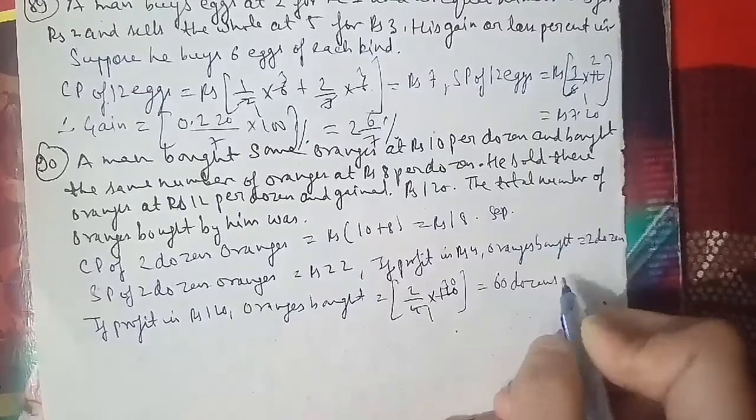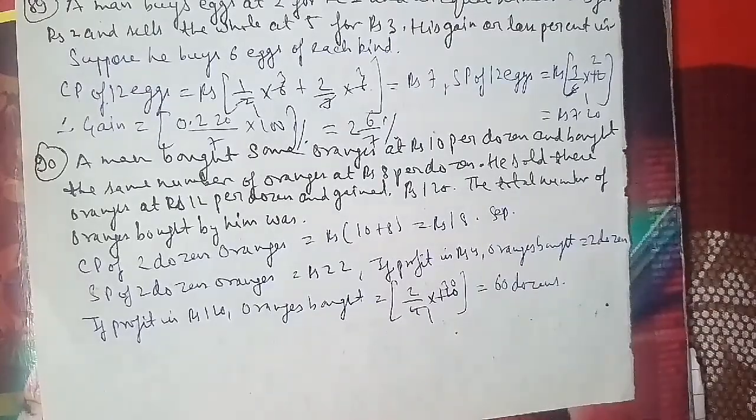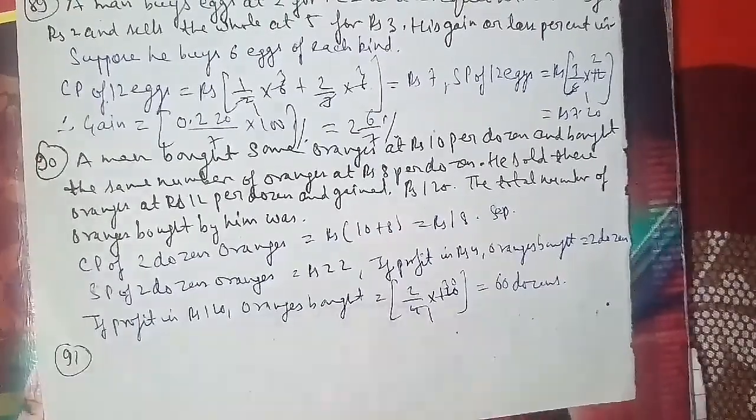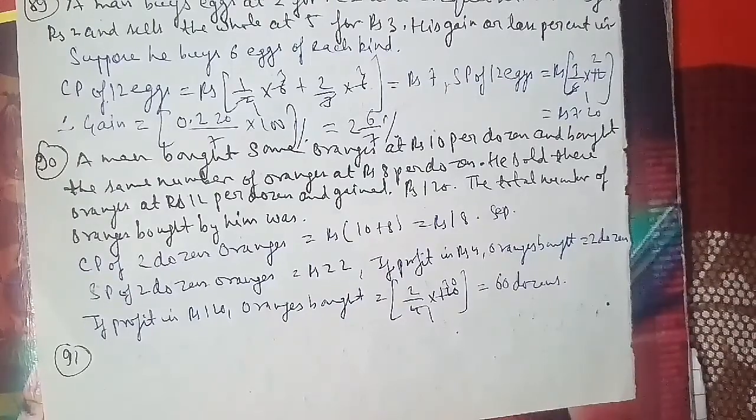A vendor bought toffees at 6 for a rupee.